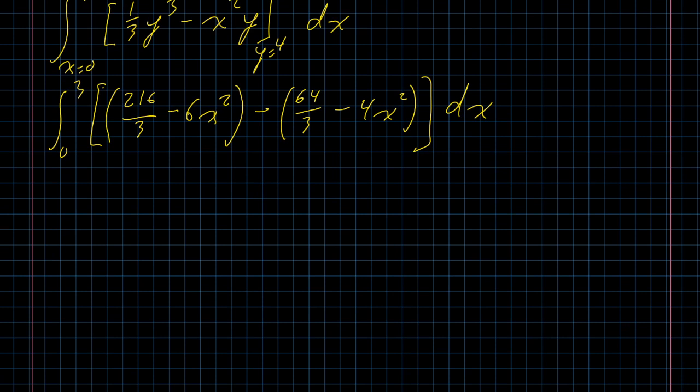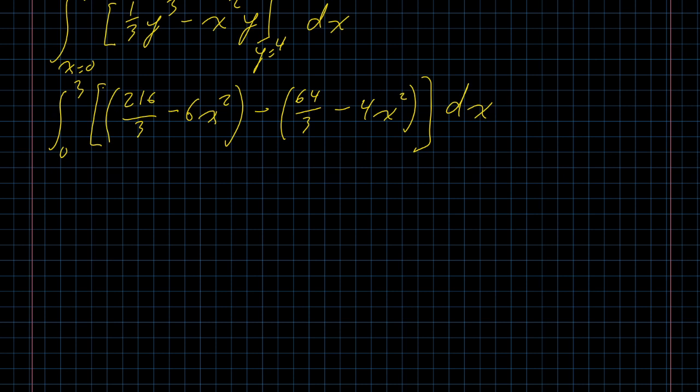And then simplifying a little bit. 216 minus 64 is 152. -6 minus -4 is -2. And we're still integrating with respect to x.